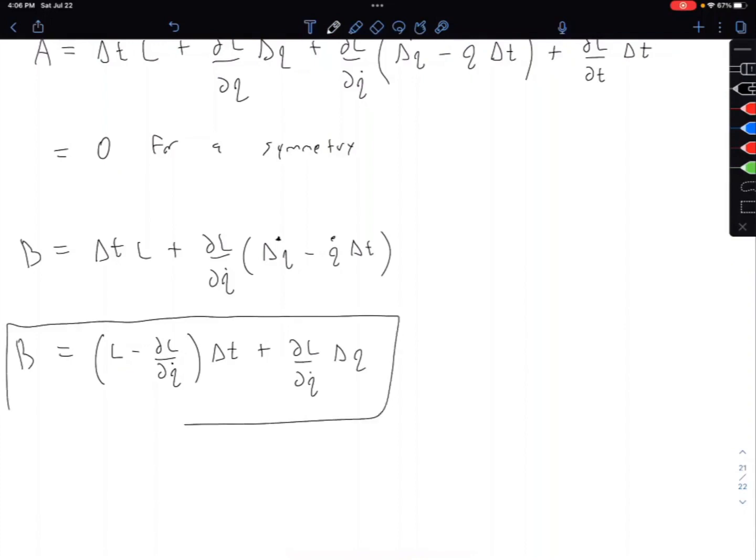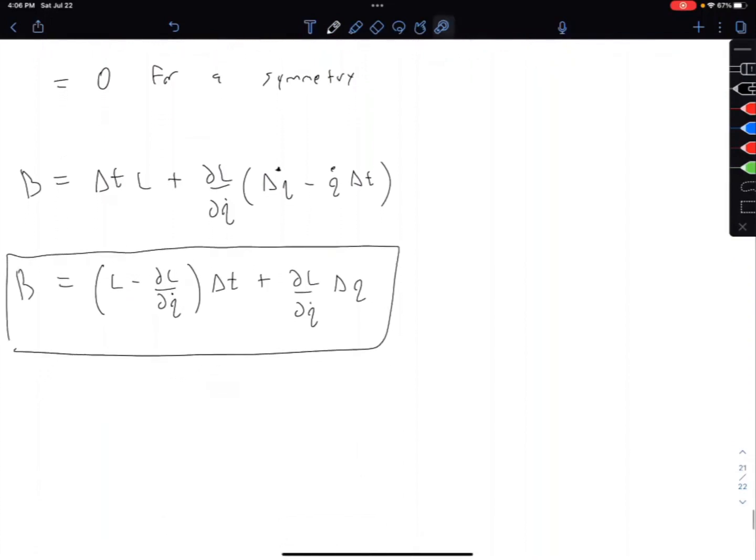So this is my conserved quantity. It is always going to be minus the Hamiltonian times the shift in time plus the momentum times the shift in q, right? And notice that these things can be some complicated expressions. As before, Harmonic was asking, isn't this just translations? It's not, because delta t and delta q can be some complicated functions of q and t.